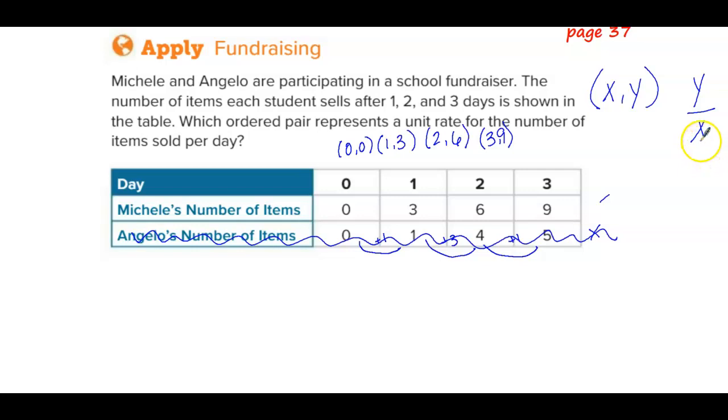We have to have a 1 in the denominator for it to be a unit rate. Which one would give us a 1 here? Only (1, 3) does that, because you would have a 3 here and you would have a 1 here, which gives us a unit rate. Okay? So when you answer this in McGraw-Hill, it's going to give you a parenthesis, a box, a comma, another box, and the end parenthesis. You would type the 1 here and the 3 here. So that's the point.